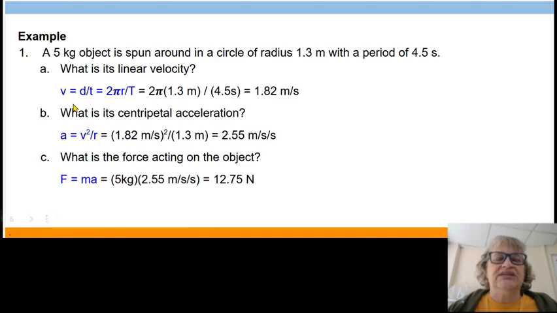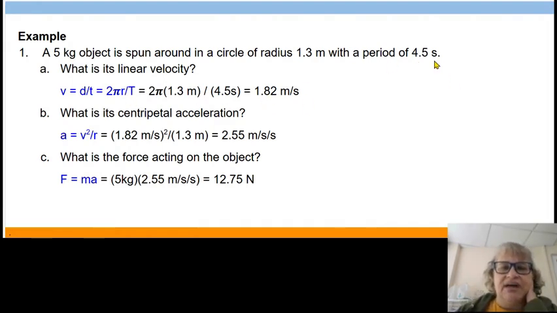Velocity is distance divided by time, and in this case, it's a circle, so our distance is 2 pi times r, divided by T. So we're going to do 2 times pi times 1.3 meters, divided by the period, which is 4.5 seconds. When you do that, you get 1.8 meters per second.